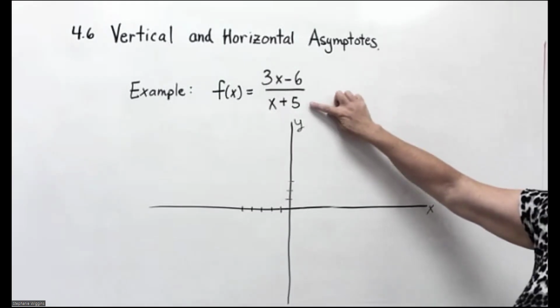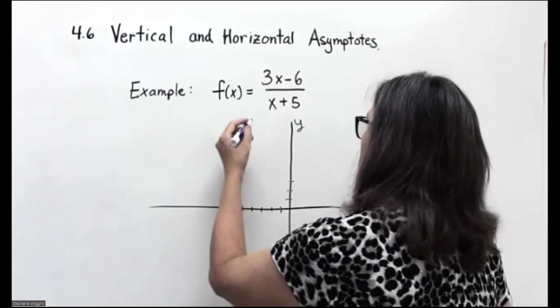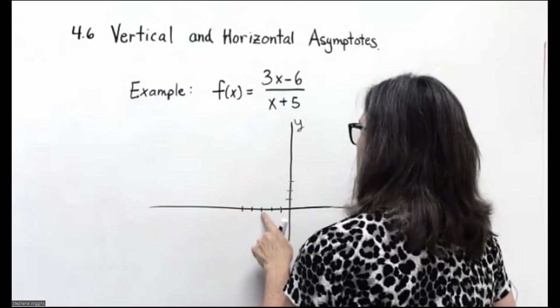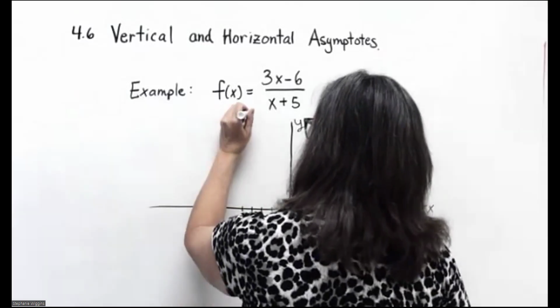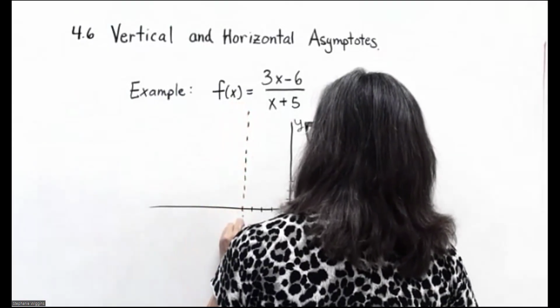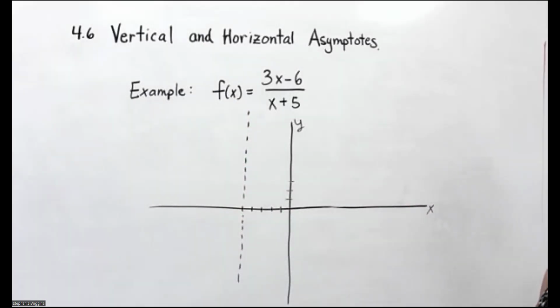So we say that we have an asymptote at x equals -5. First of all, we draw it with a dotted line. So here we are, -1, -2, -3, -4, -5. And it's really a no-go zone for the function, because remember, x cannot equal -5.